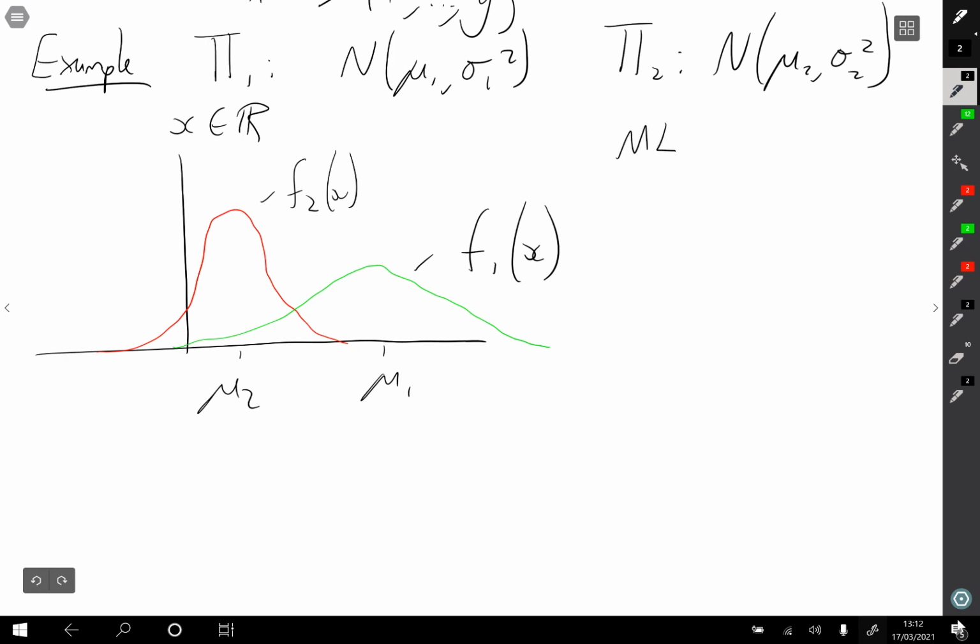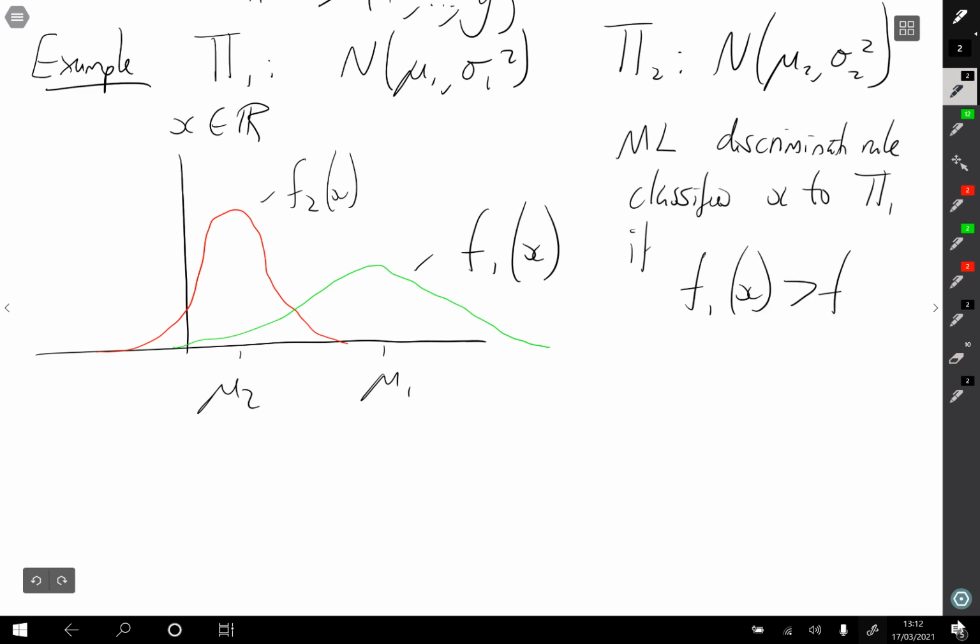The ML discriminant rule classifies x to population 1 if f1 of x is bigger than f2 of x. Well, where is that the case? We can see there's a switchover point here.